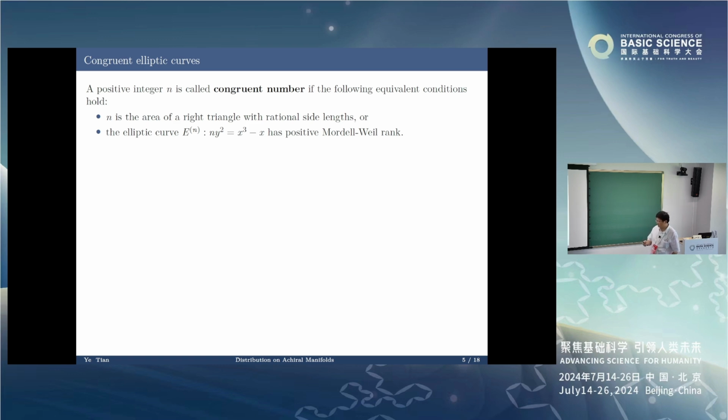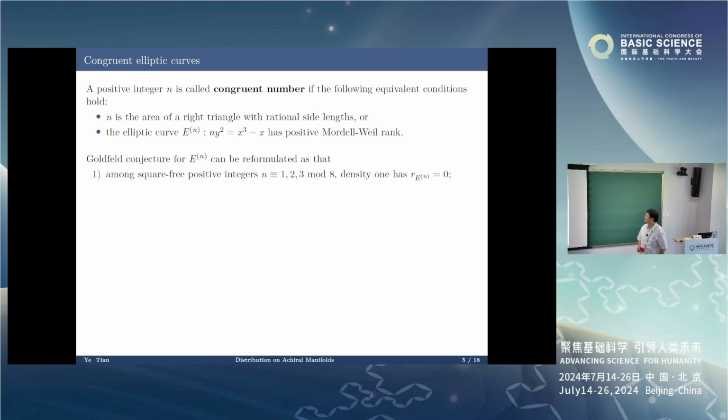For this special family, the Goldfeld conjecture can be reformulated as the following. Among all square-free positive integers n congruent to 1, 2, 3 mod 8, the density has analytic rank 0 because the sign of this L-function is +1. And if the sign is -1, then density 1 has rank 1.